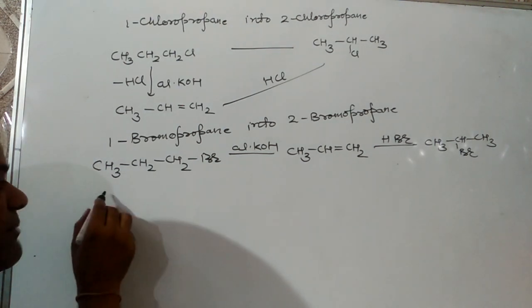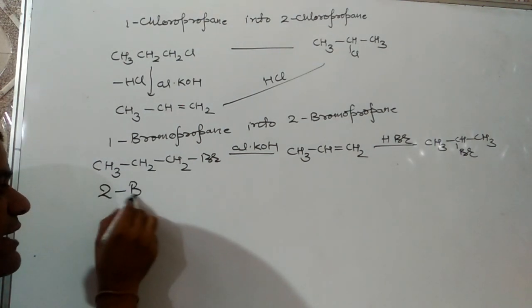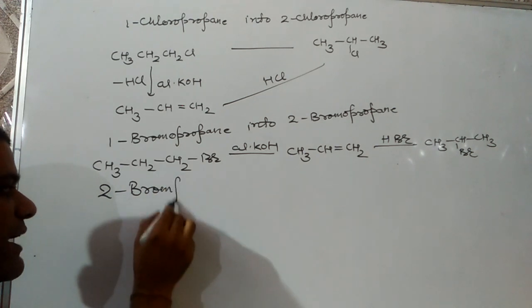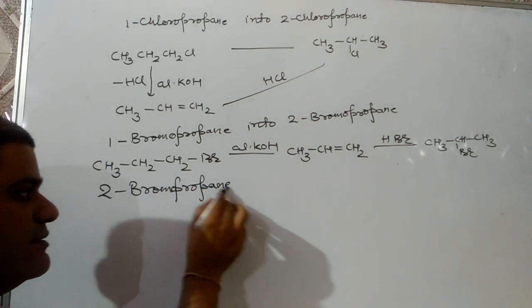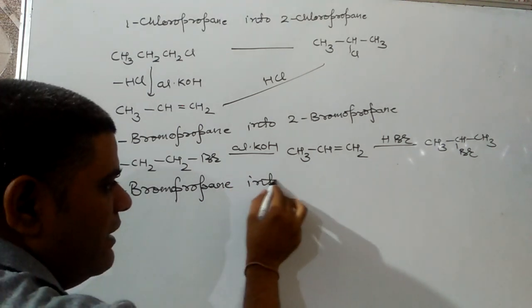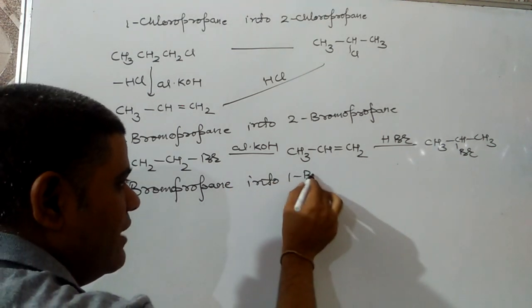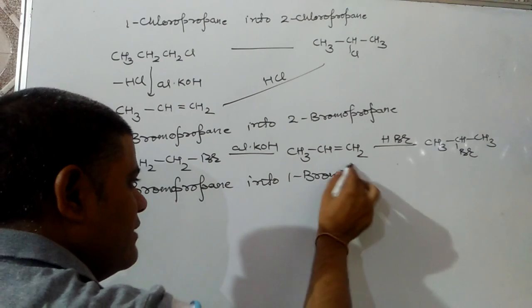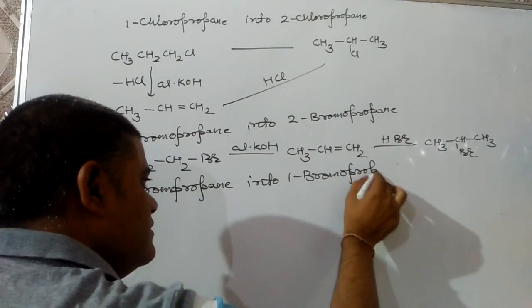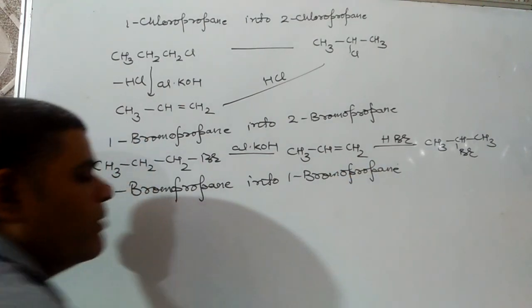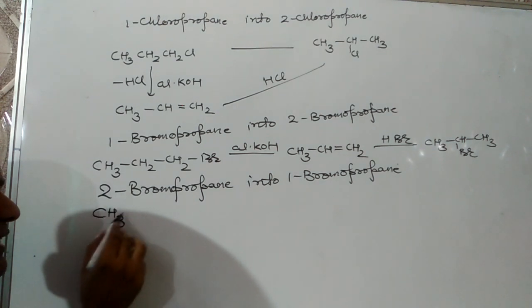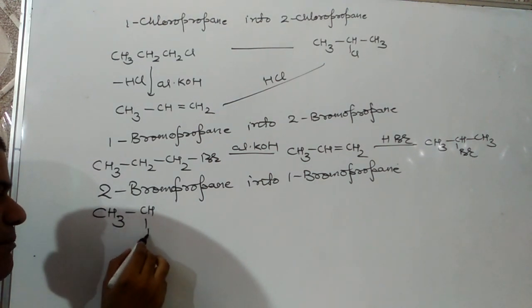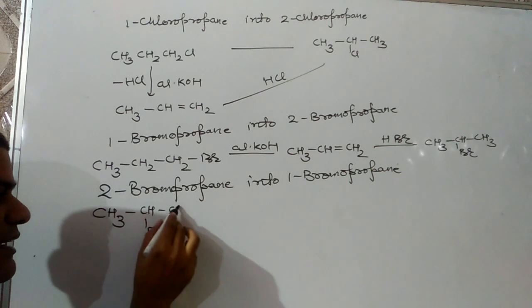Next case is a very important one. Question is: convert 2-bromopropane into 1-bromopropane. The formula of 2-bromopropane is CH3CHBrCH3.